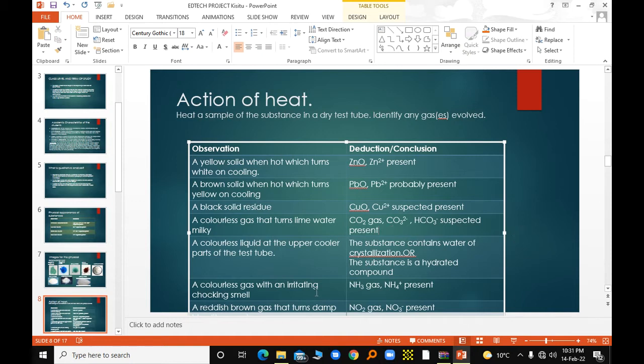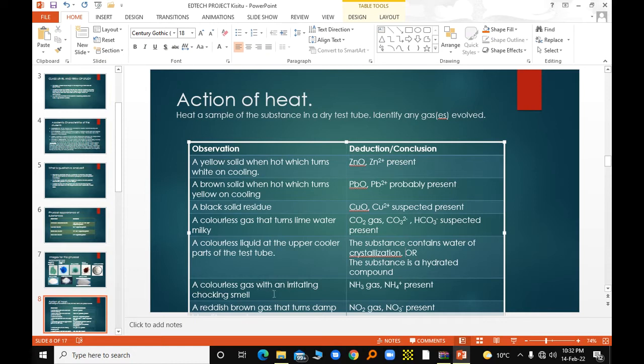Next, someone has observed a colorless liquid at the upper cooler parts of the test tube. When you heat substances and at the upper cooler parts of the test tube you see some small liquid like sweat, that means the substance you have heated has water of crystallization, and we can say the substance is a hydrated compound.